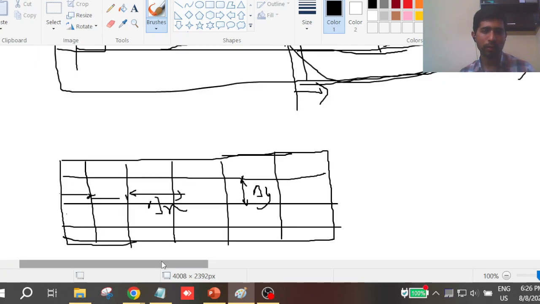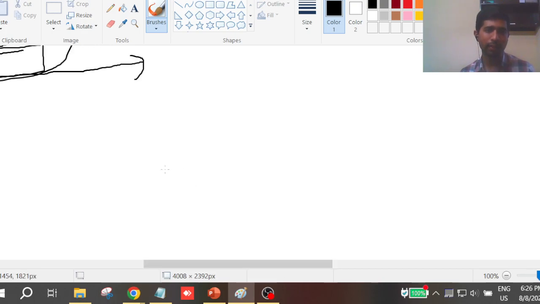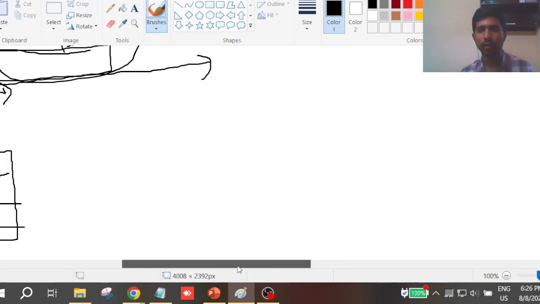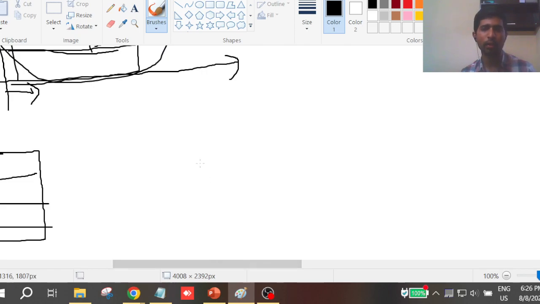Now how do you identify whether the mesh is structured or unstructured, and when do you choose an unstructured mesh and when do you choose a structured mesh? That is the final discussion before going into the Taylor series. There are two aspects.